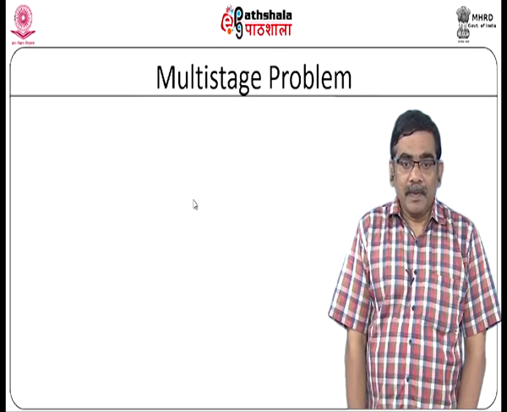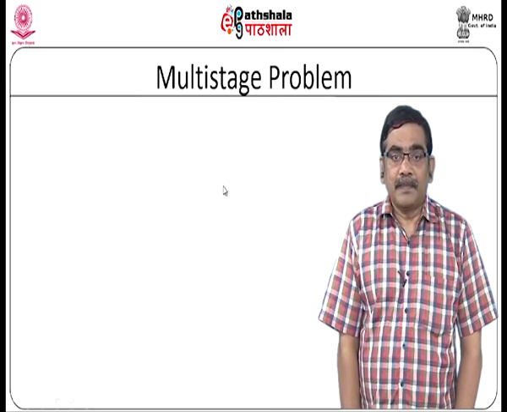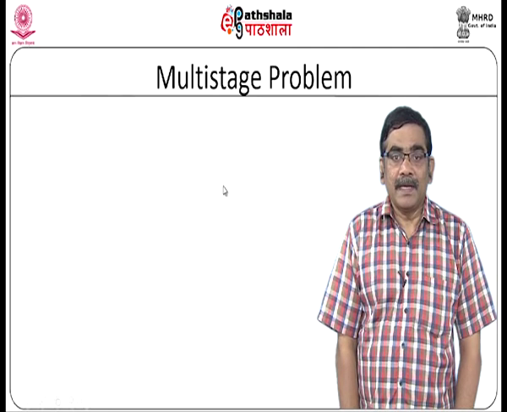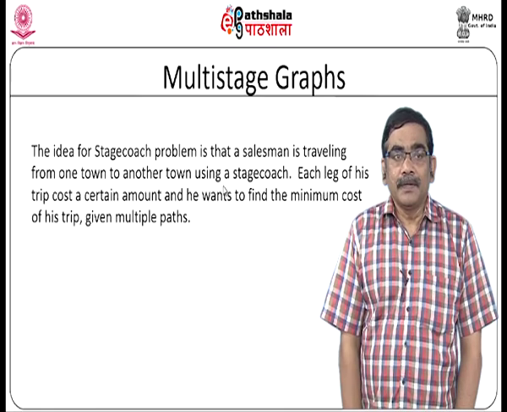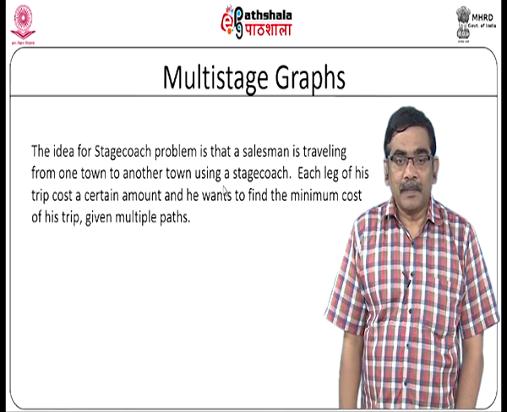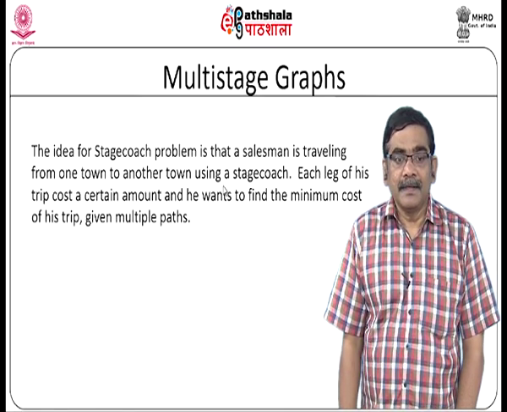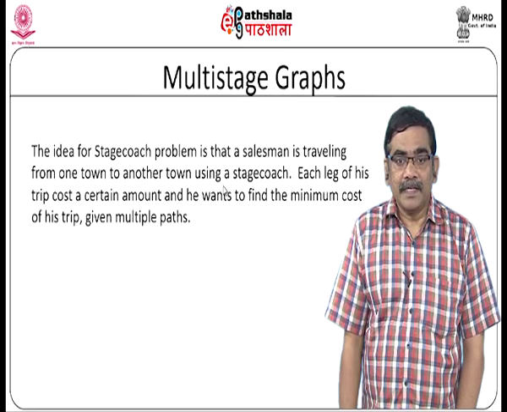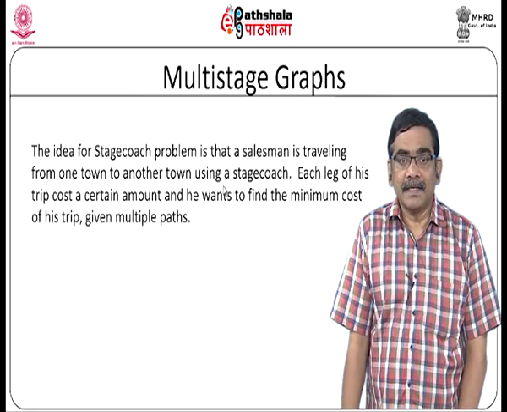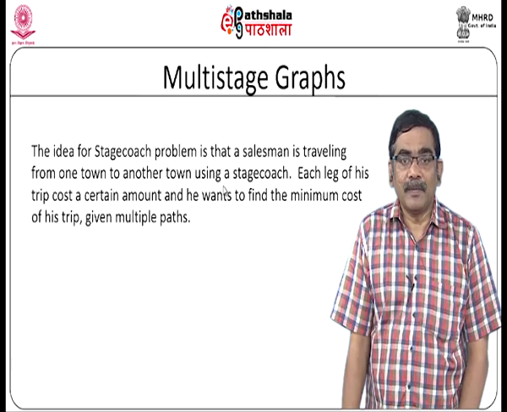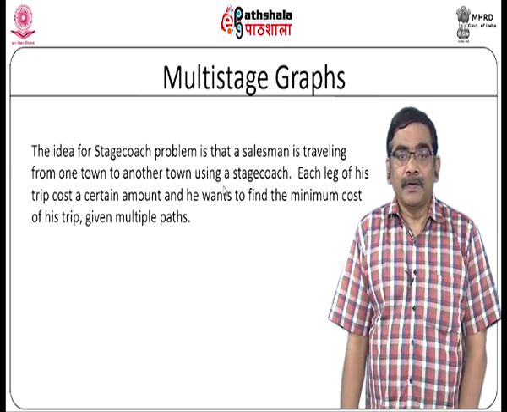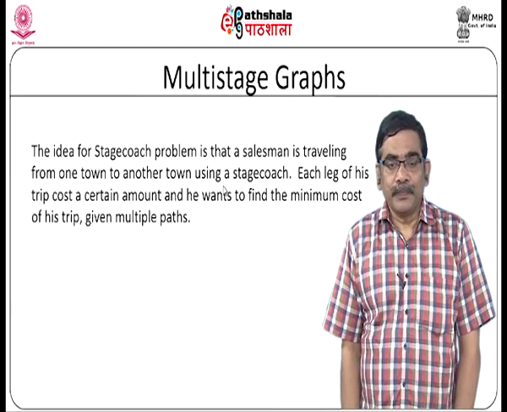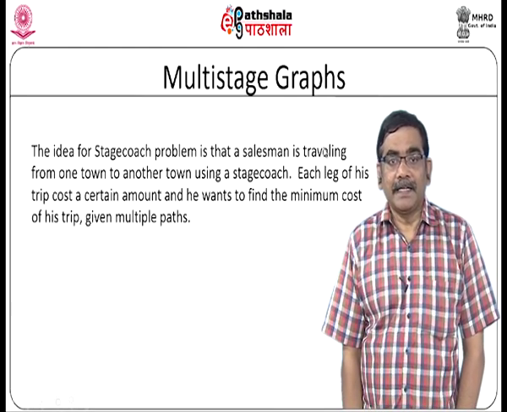The related problem is called the multi-stage problem. This is also called the stage coach problem. This is a very popular problem in computer science. The idea of the stage coach problem is that a salesman is traveling from one town to another town using a stage coach. He has to reach the destination.